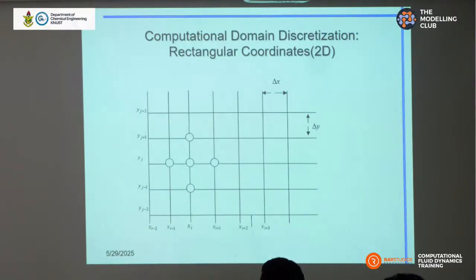Okay, so let's take this rectangular domain. This is my y-axis, okay, and this is my x-axis.